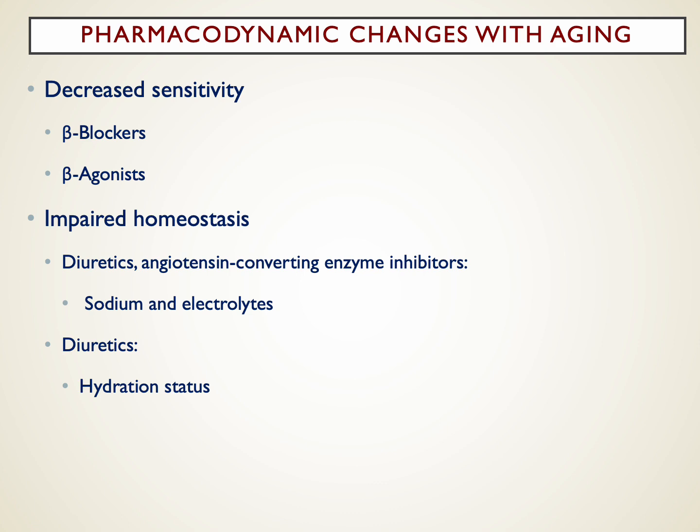Other things you'll see are that beta agonists and beta blocking drugs may be less responsive in older patients than otherwise. And we really worry about things that affect hydration status, diuretics, or things that affect the angiotensin converting enzymes or ARBs, and how they affect sodium, electrolytes, and potassium.